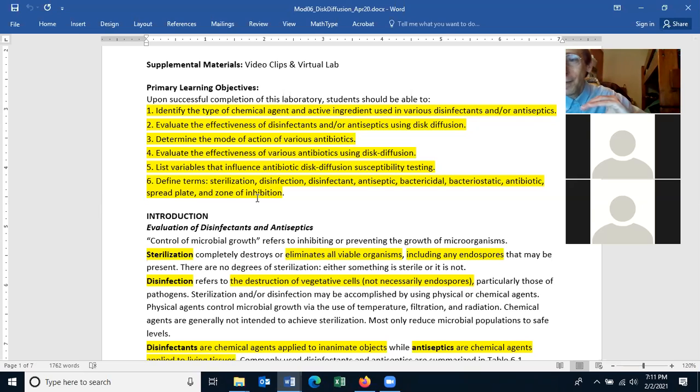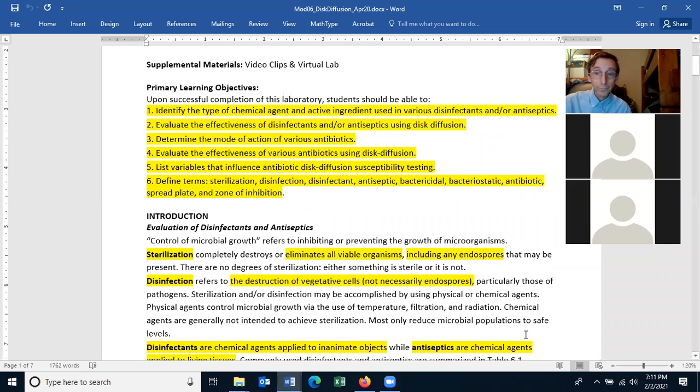I'm trying to show that. Let me get a different color. So this is the disc with the antibiotic, and this is the zone of inhibition where the bacteria are not growing around the disc of antibiotic. Any question about any of that?